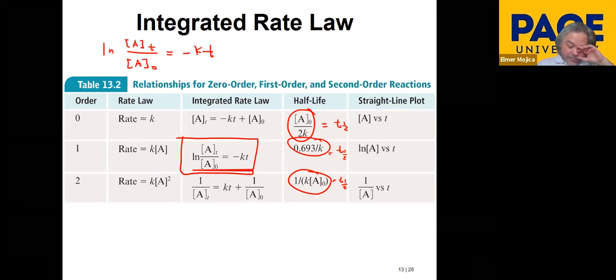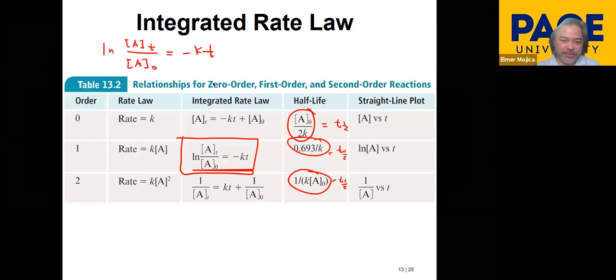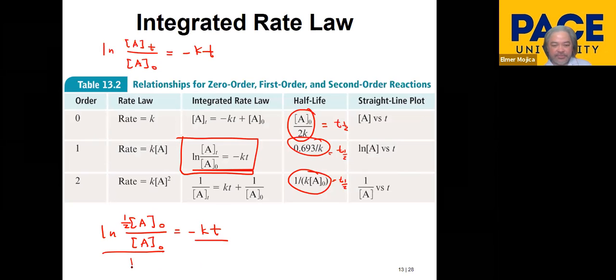So if we're going to do the thing that we have here, what does it say earlier in the slide? We substitute A of t with 1/2 of A0. So if we end up with it, we will have it like this, right? So if I'm going to simplify everything here, I can divide both of them by k.